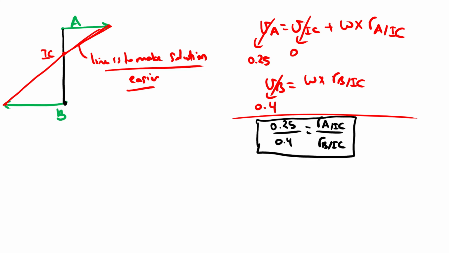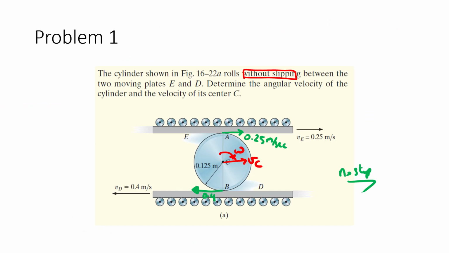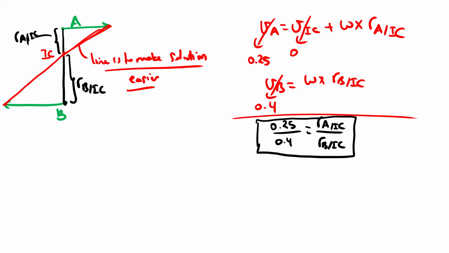This is one equation, but two unknowns. I need one more equation. This is RBIC and this one is RAIC. The additional equation comes from the fact that the sum of these two is the diameter, which is 0.250.